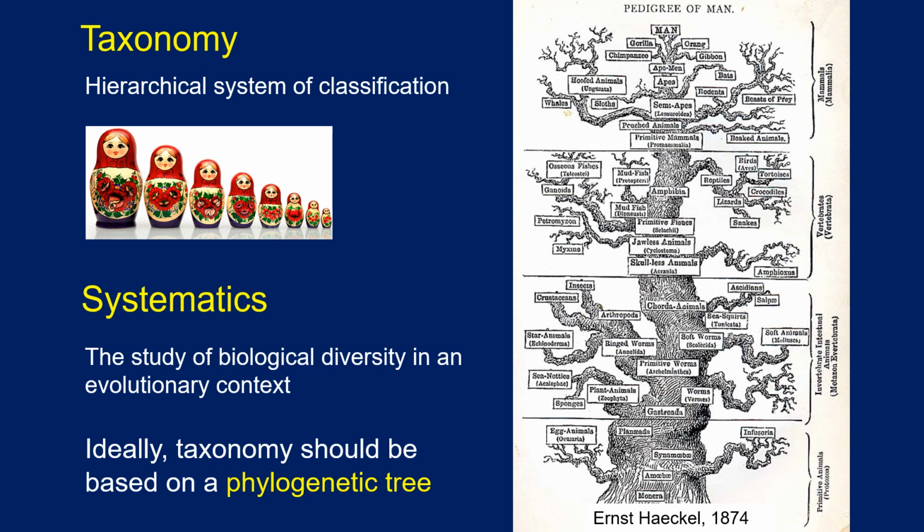Now, this tree has a few problems by today's standards. First of all, it's really biased towards humans. We have humans as the pinnacle at the top. It kind of harkens back to that great chain of being that we talked about in the very first lecture. We try to avoid that. Also, we typically today will not put different organisms on the trunk of the tree.